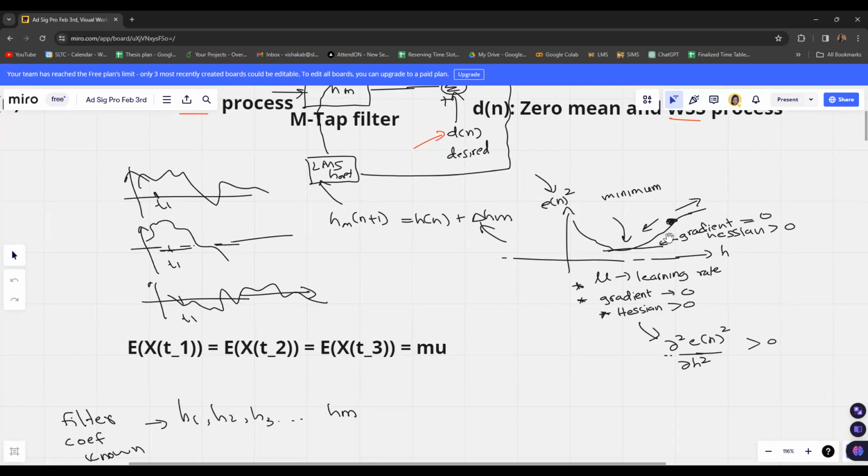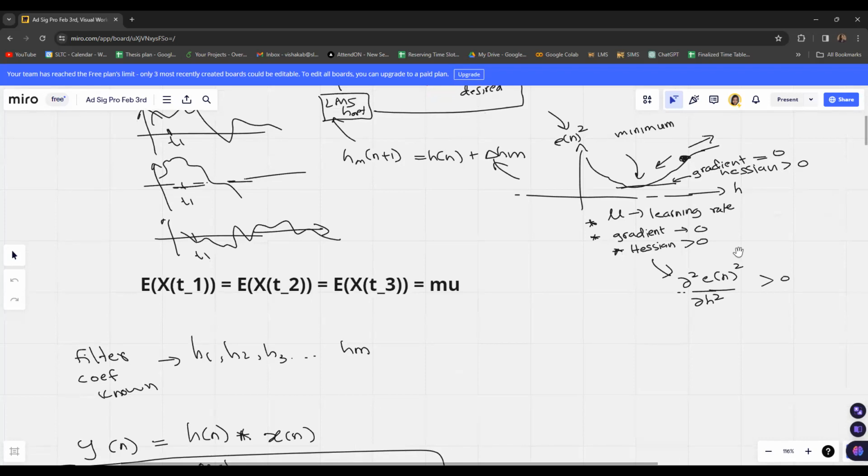The change of the filter coefficients will happen based on the step size. We will increase or decrease the value of filter coefficients by taking steps of this mu step size. So mu is therefore also enabling us to find the minimum point of the error value.